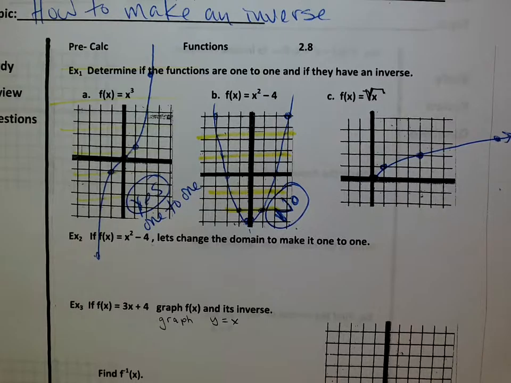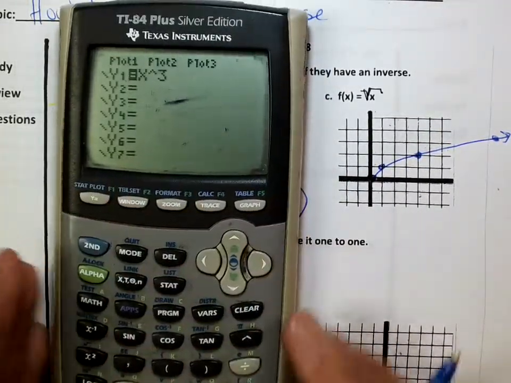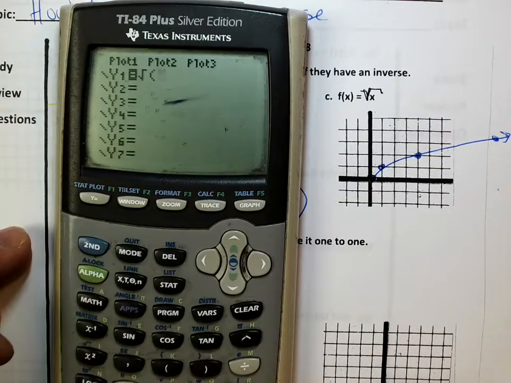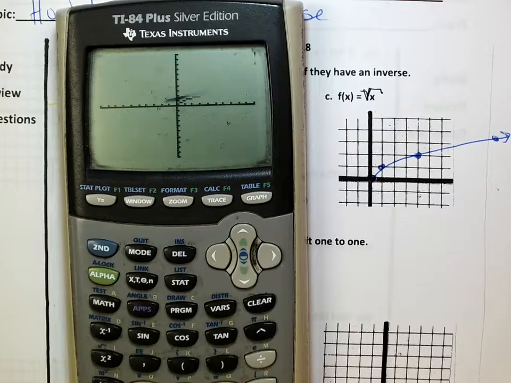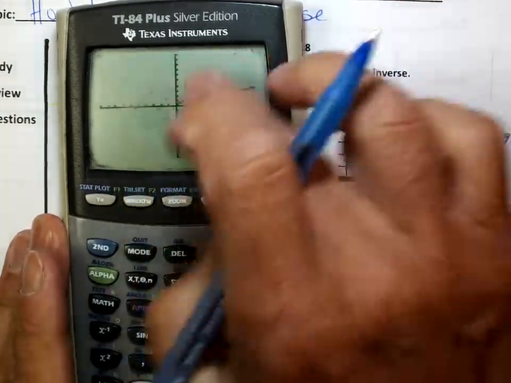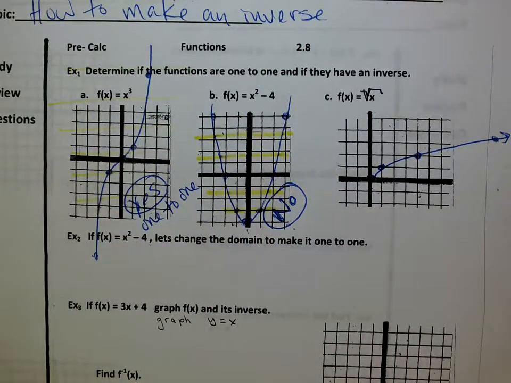Now, if you're not sure and you get to a quiz and you're like, gosh, Mr. Davies, I don't know what it looks like, you just put it on your calculator, right? Square root of x, and it looks like this, okay? It looks just like what I just put up there, huh? Except for that smudge on there, okay? So, will that pass a horizontal line test? Yeah, it will.